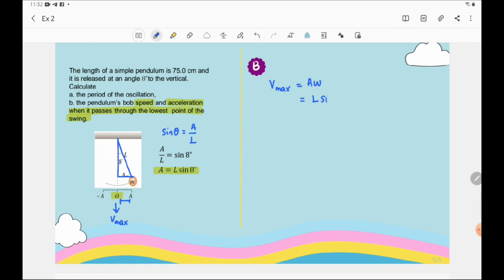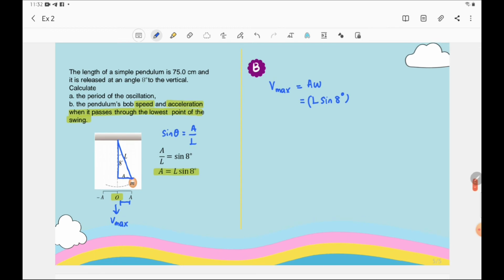So v max is L sine 8 degrees times omega, and our omega is 2 pi over T. So we just substitute L with 0.75, sine 8 degrees, and 2 pi over T. Our period is 1.74.